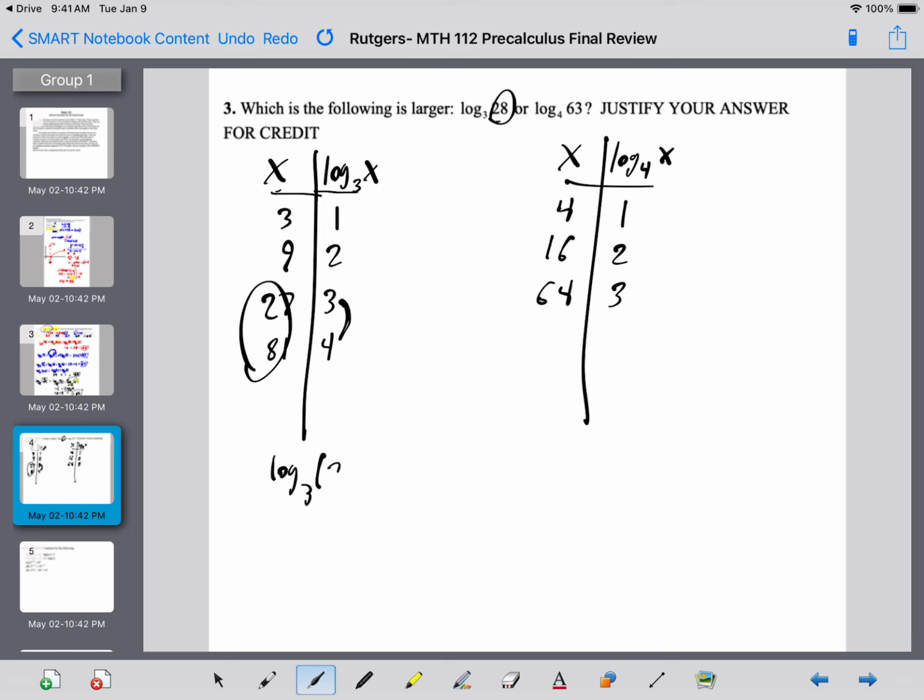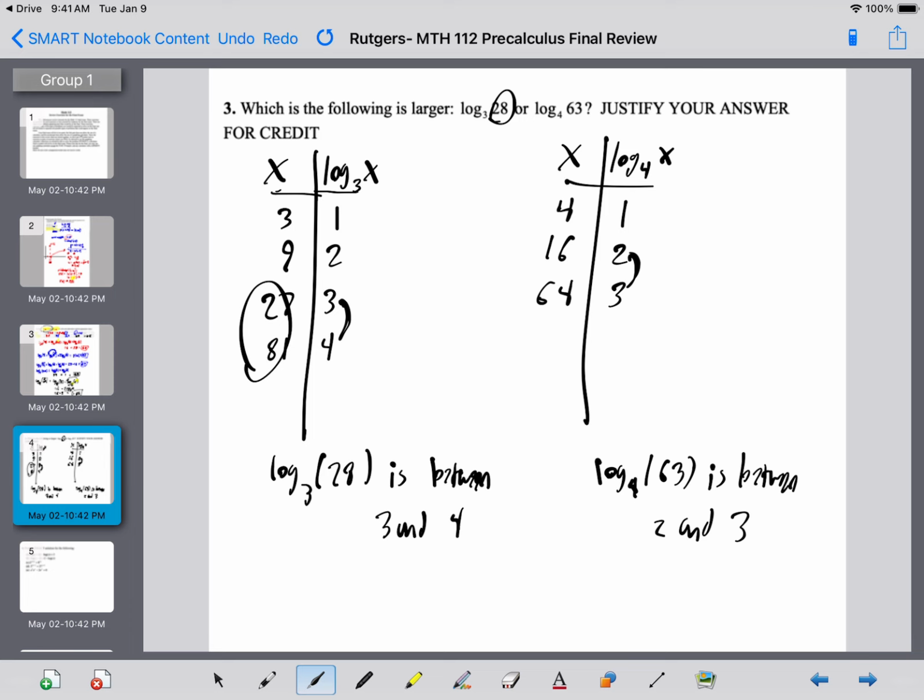So log base 3 of 28 is between 3 and 4. For 63 of log base 4, that would be between 2 and 3. So that means that log base 4 of 63 is less than log base 3 of 28. So the larger one would be log base 3 of 28.